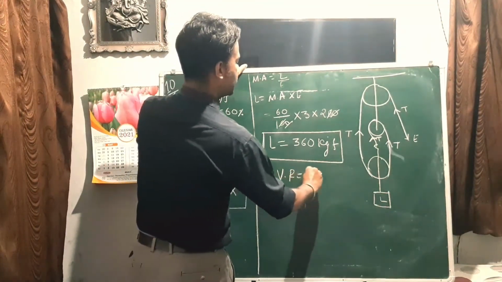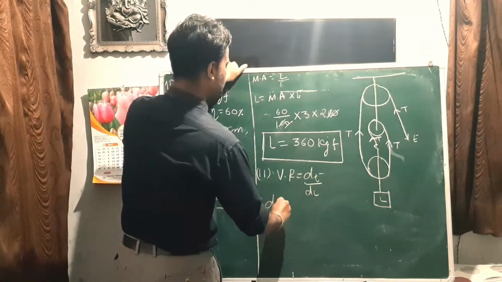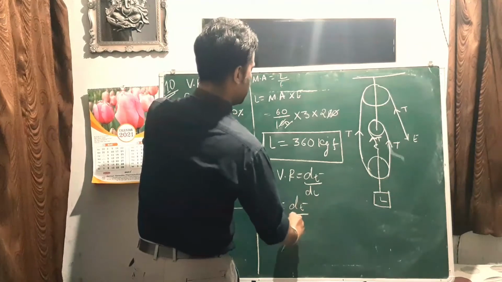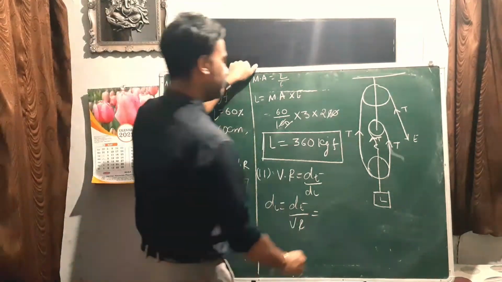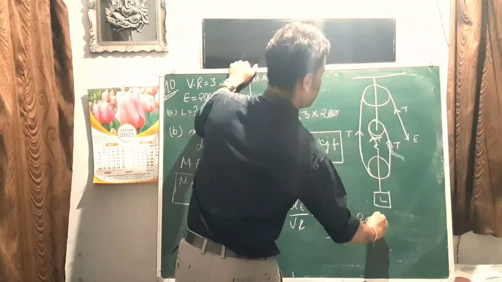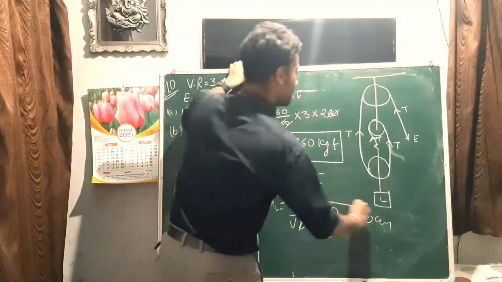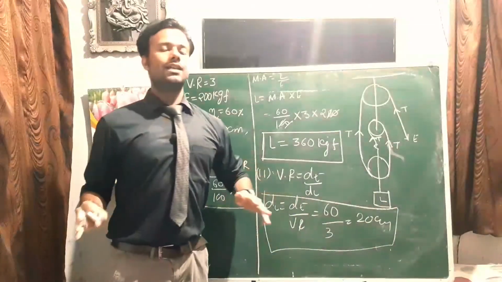VR is nothing but dE upon dL. So simply dL will be dE upon VR. So dE is 60 centimeter upon 3, that will be 20 centimeter. So this will be the value of the distance travelled by load.